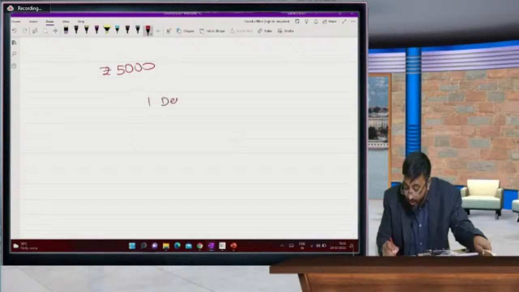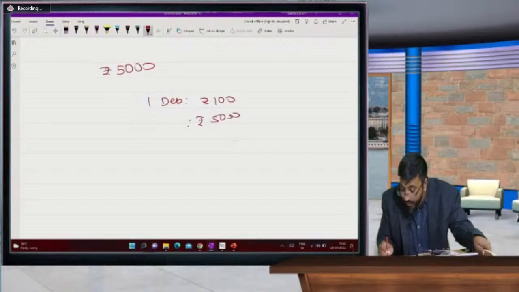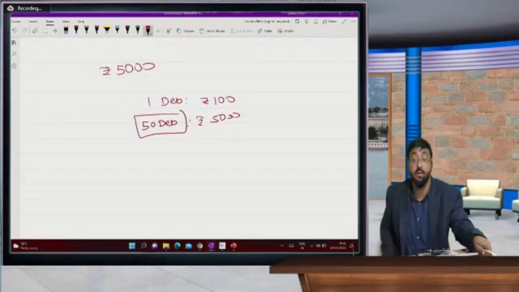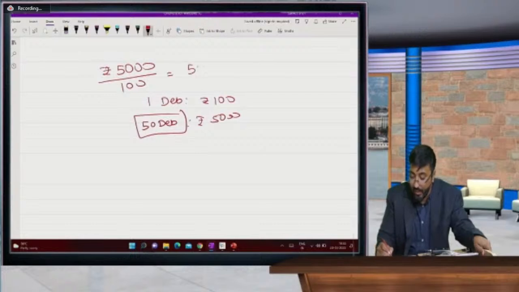One debenture has a face value of 100 rupees. So for 5,000, how many debentures do you have? 50 debentures, very simple. How to calculate? Divide by 100, and you will get 50 numbers.